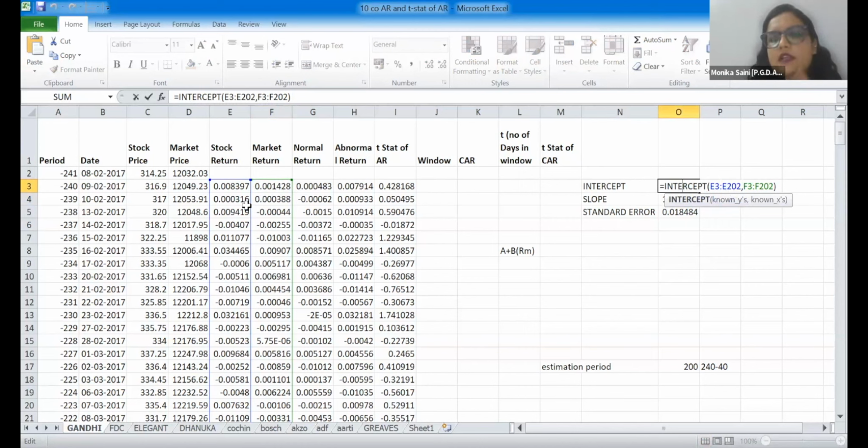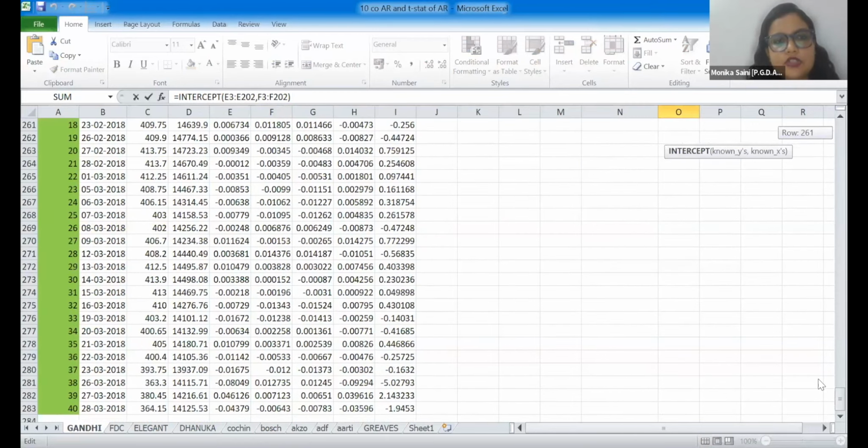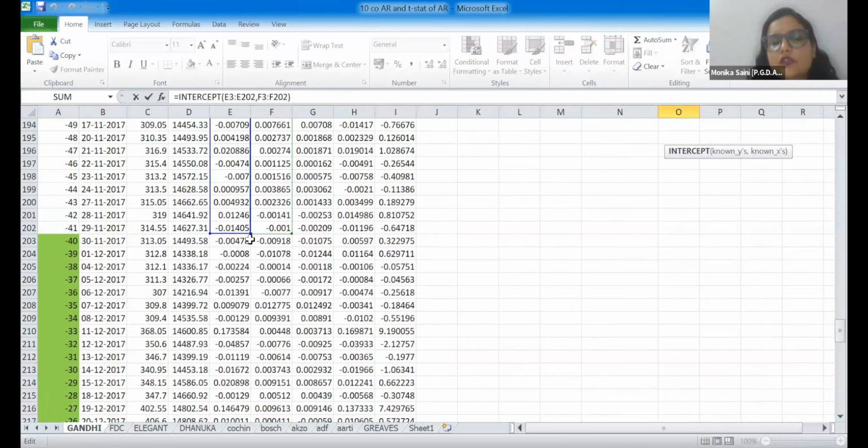Now, one thing that you have to keep in mind while calculating this intercept and slope is we will be taking the data till the estimation period, right? So you will not take it till -1. We will be taking it till -41 because after this our event window starts, right?